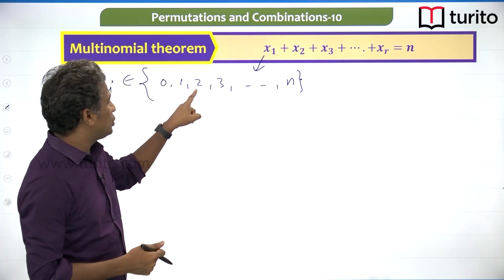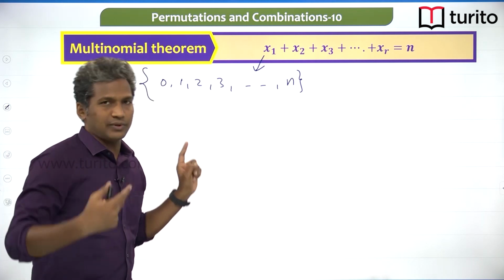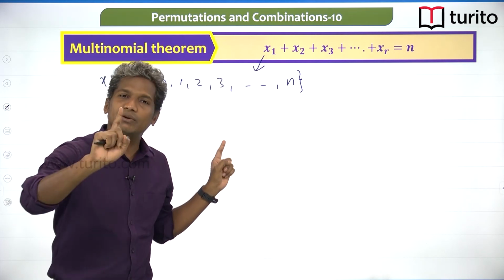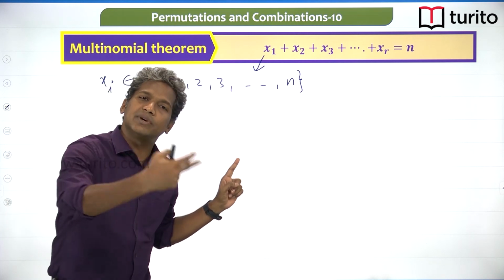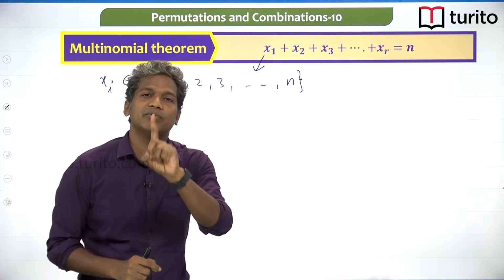Now if 2 has certain chances of coming, 3 also has the same chances of coming. For example, I can take x1 equal to 2 in one way, and I can also take x1 equal to 3 in one way. So every number here has one way of coming.